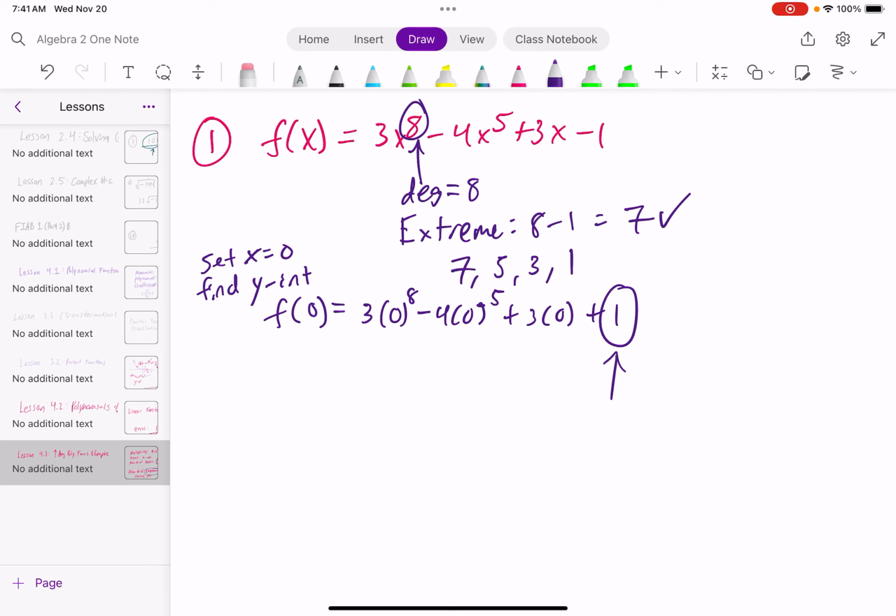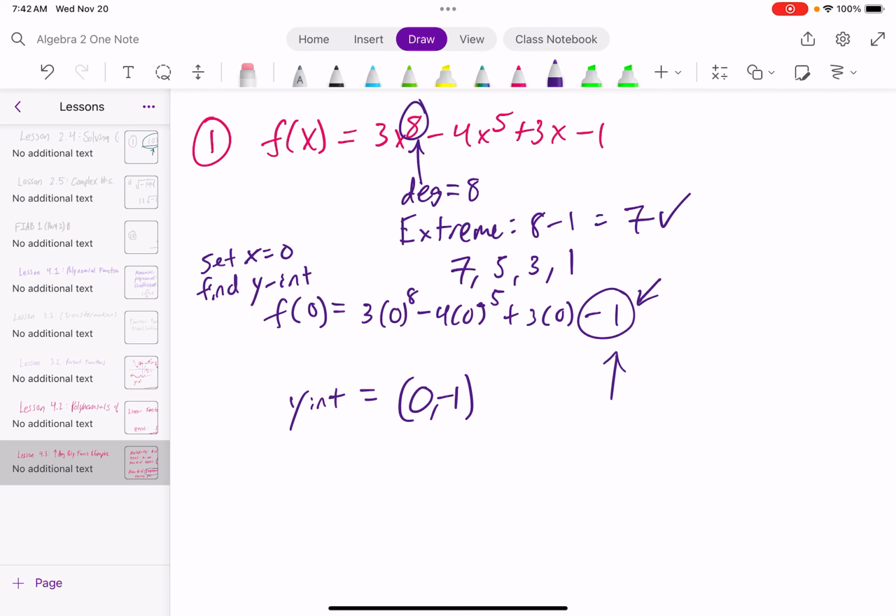The function will equal 1 when x is 0. So your point is 0, 1. This is your y-intercept. Is that a negative sign? Sorry. Negative. So your point is 0, -1. I just wrote it wrong. So yeah. Very good.